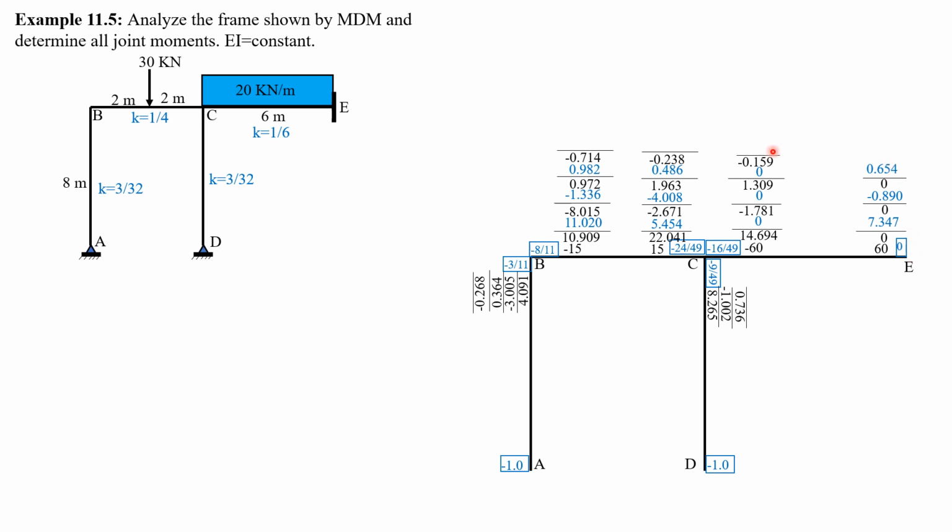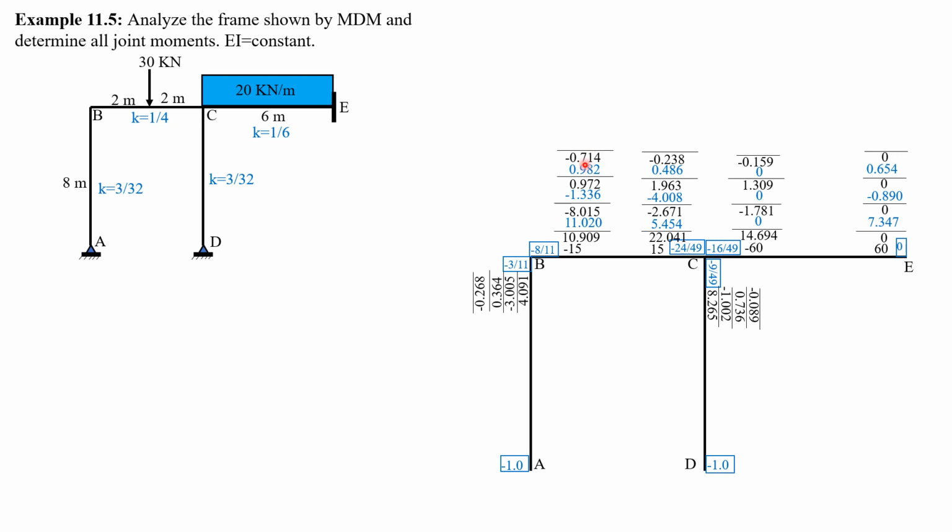Half of 0, half of negative 0.159, negative 0.08, half of negative 0.714, negative 0.357, half of negative 0.238 here, negative 0.119. Negative 0.119 times negative 8 over 11, 0.087, lock partially.